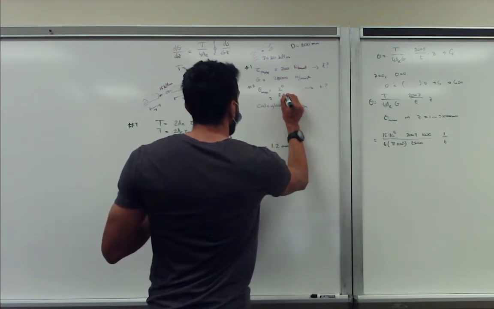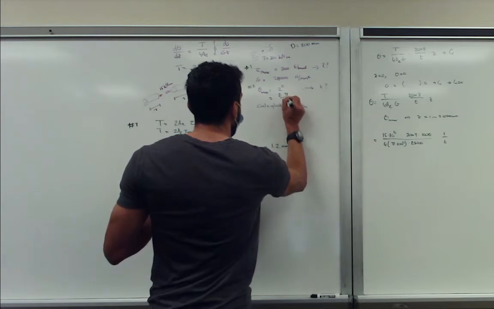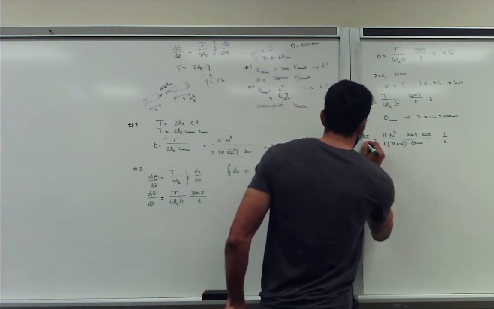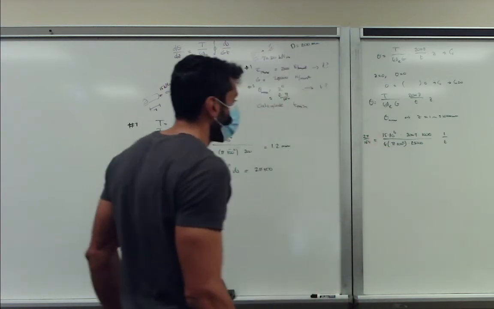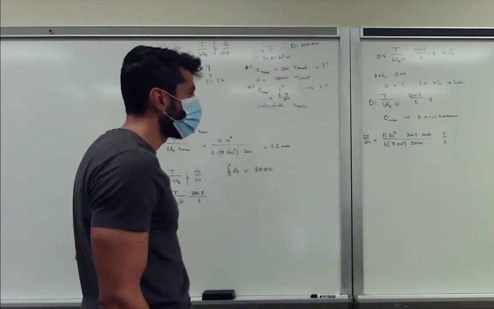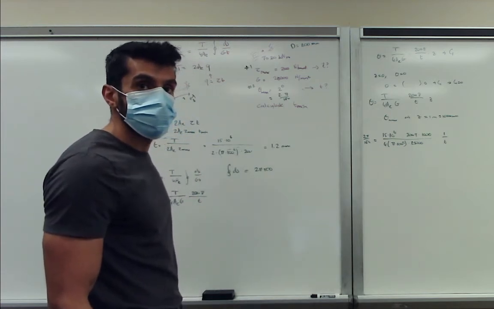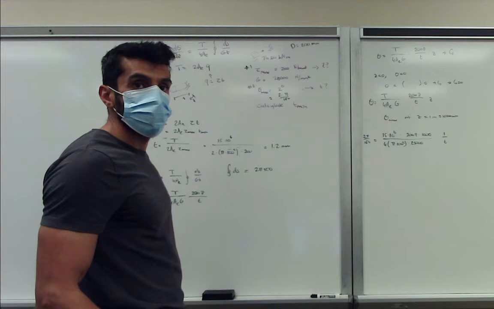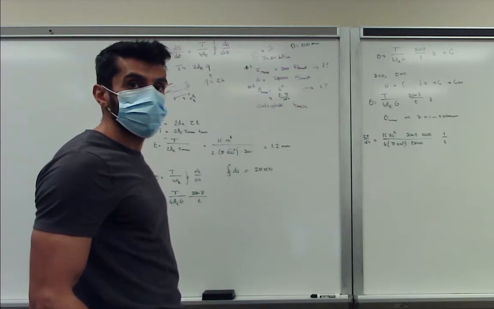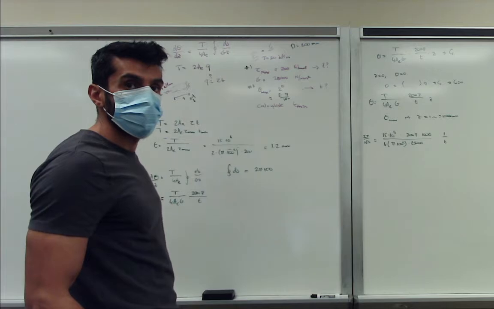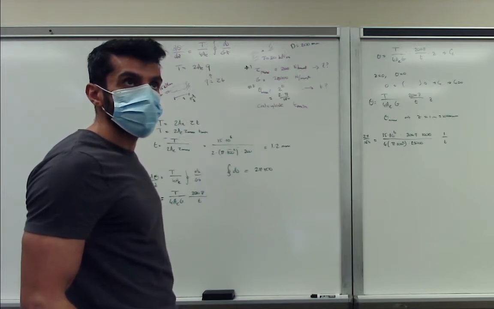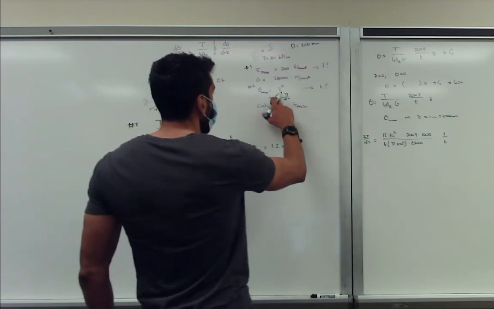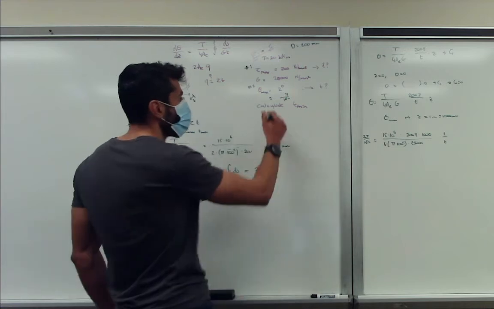No, pi over 180. So if you're converting from degrees to radians, it's 2 pi by 360, so pi by 180. Yeah, that's what we have, right? Now we have 2 degrees.